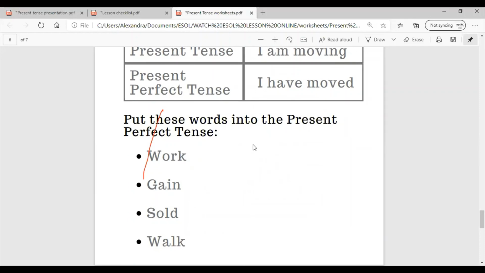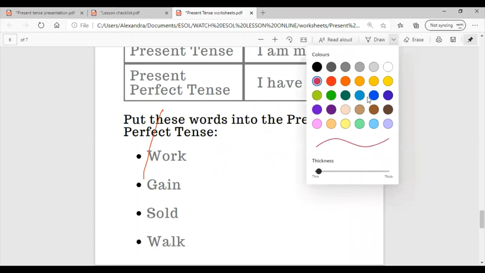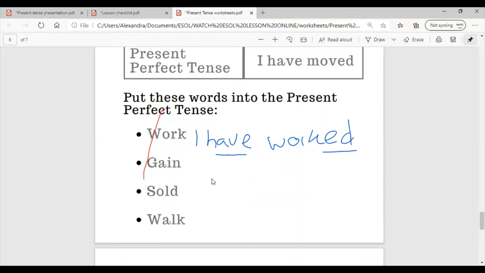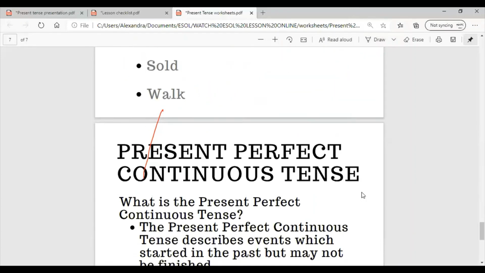So we're looking for that have and that ed ending on the root word. So we would say, I have worked. So I have worked would be our present perfect tense, because you've got this have and this ed ending. You're just going to do the same for each of these other ones.